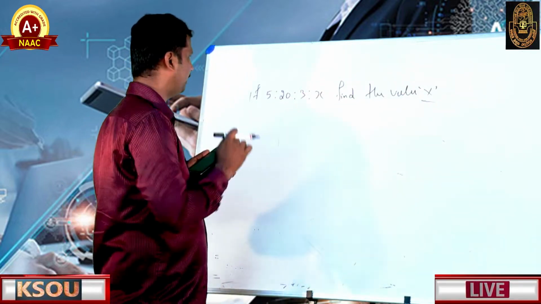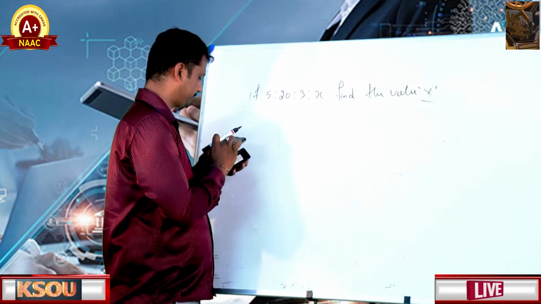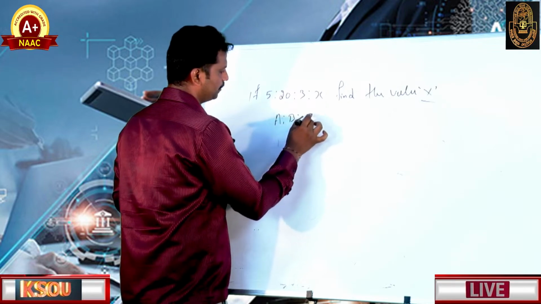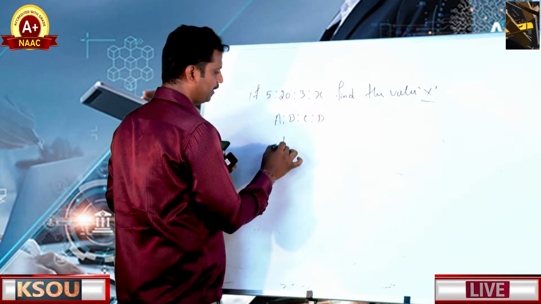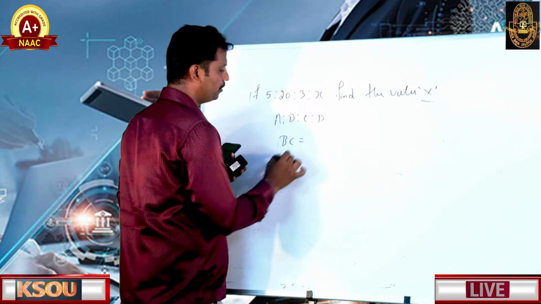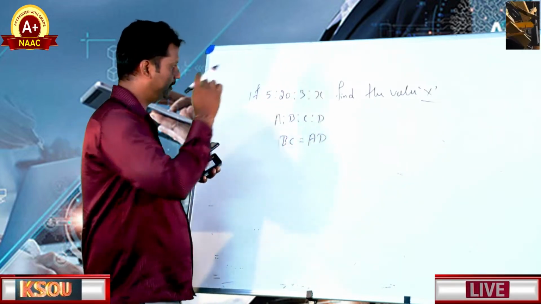Clear? So we already know the formula. What is the formula? BC equals AD. You can use it here.